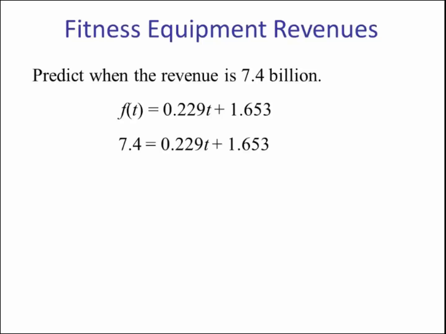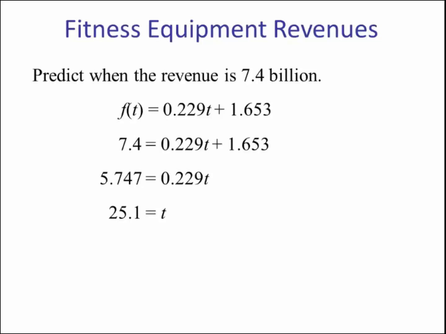Add 1.653 to both sides. We have 5.747 equals 0.229t. Divide by 0.229, and we see T rounded off to one decimal place is 25.1.